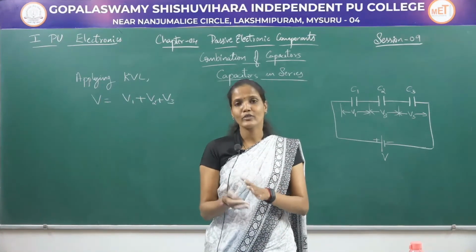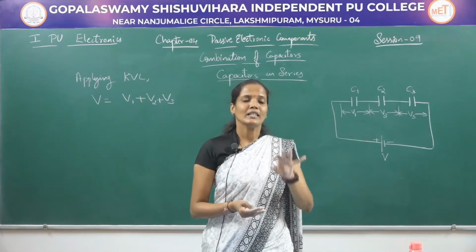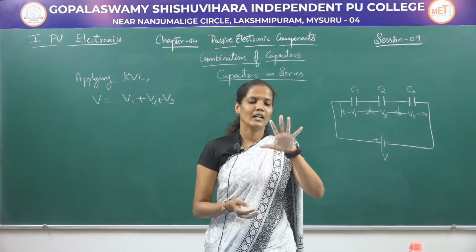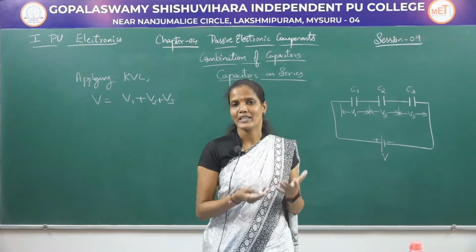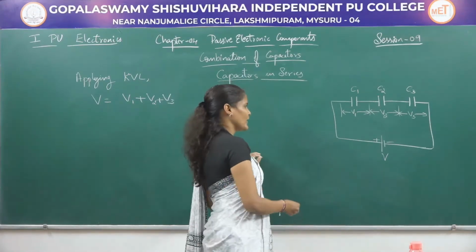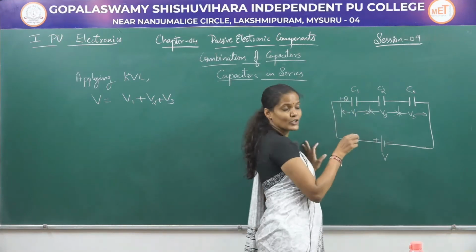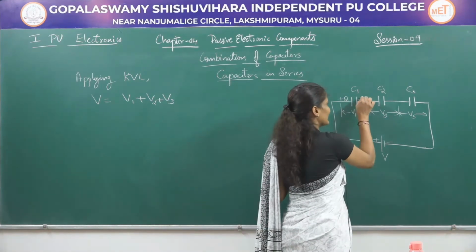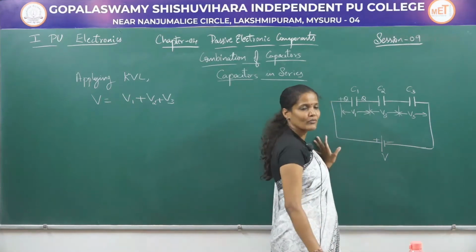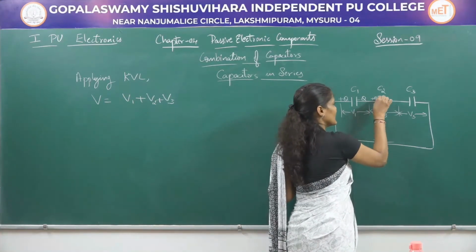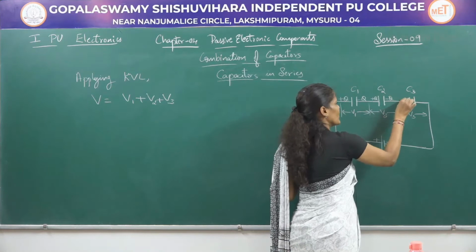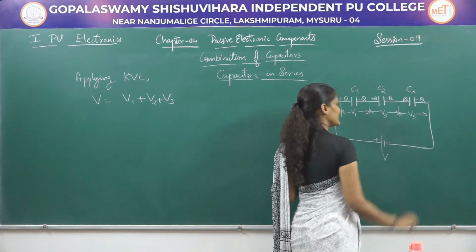Since the current is the same, the charge which gets deposited on these capacitors will also be the same. And according to that, I can write that the first plate will be charged to a positive charge and this will be charged to a negative charge. So similarly, this is plus Q, plus Q and minus Q.